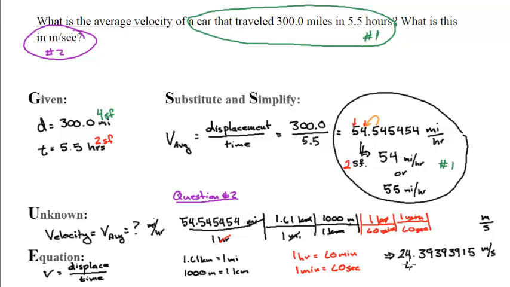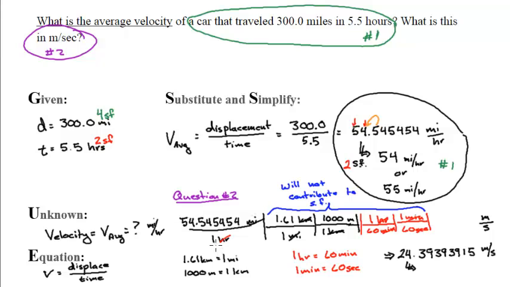But I'm not done yet. I need to figure out how many significant figures. Now, if you recall from my instruction, none of these numbers will contribute to sig figs.